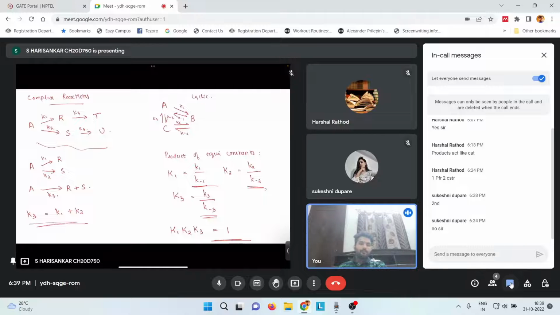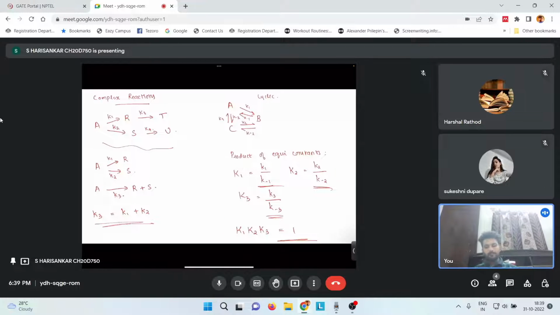So, any doubts so far regarding these complex reactions or combination of reactors or anything? When we get to the combination of reactors, as I said, we'll solve a problem based on that, and you'll get to see why for first order reactions the order of the combination of the reactors doesn't matter and so on. Okay.